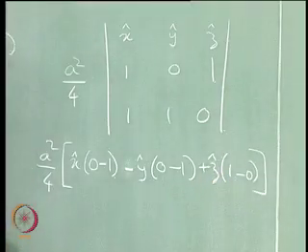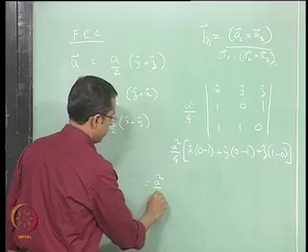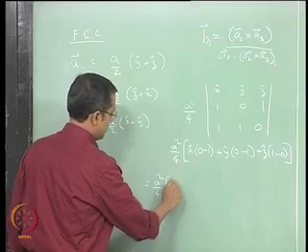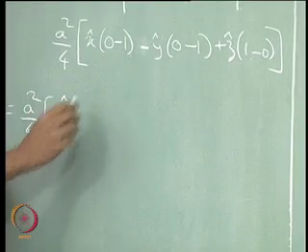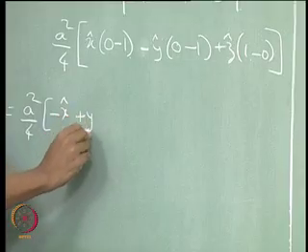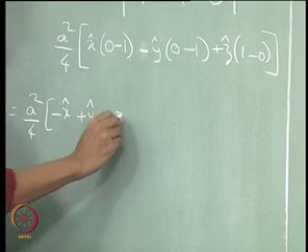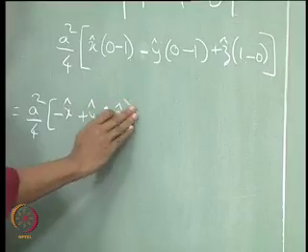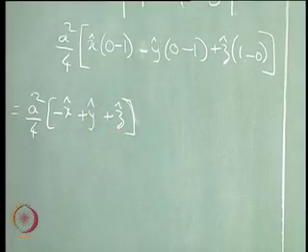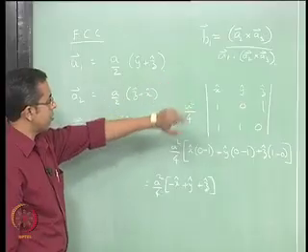This is just a standard expansion. Okay, so this is simply a square by 4 into minus x cap plus y cap plus z cap. This is simply the cross product a2 cross a3.